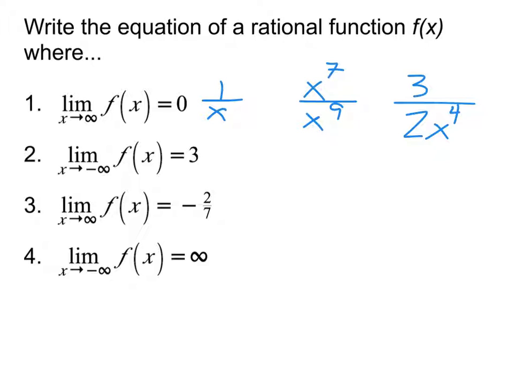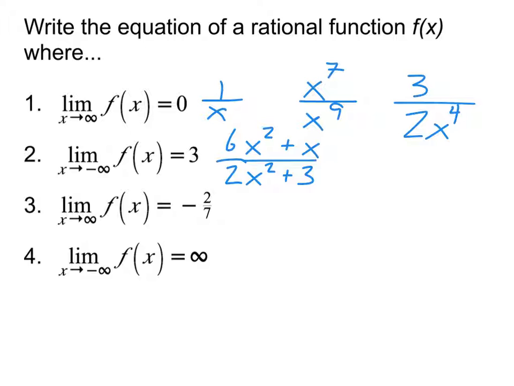So that means we might have something like x squared on both the top and the bottom. But if I just did that, that would have a limit at 1, because it's 1 over 1. I want the limit to equal 3, so I need to put a coefficient in front of that x squared, like 3x squared. Or if you want to get extra fancy, you could do maybe like 6x squared over 2x squared, something like that.